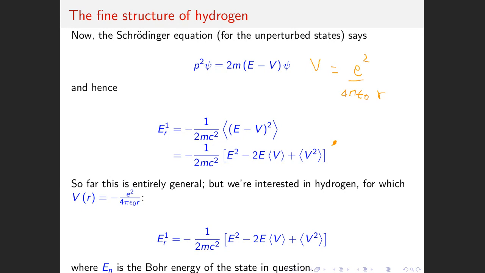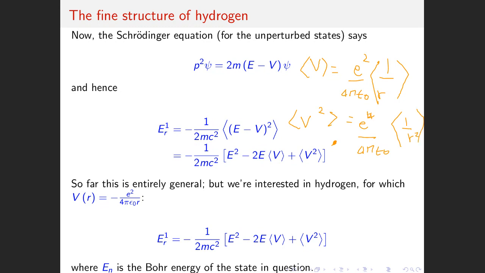This whole thing is again just a constant. So whenever you want to find the expectation value of V, this is a constant. So you only have to find what is the expectation value of 1 over r. Similarly with V squared, you square the Coulombic potential, it gives you e to the 4 over (4 pi epsilon_0) squared, times 1 over r squared.